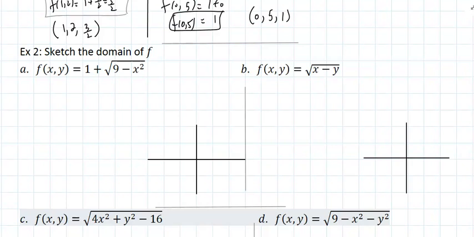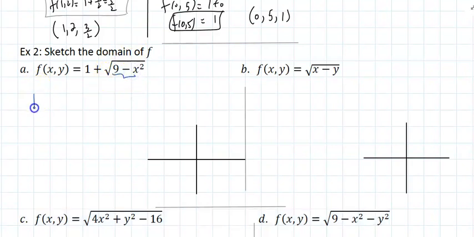And the domain applies like traditionally. If I see an even index radical, the radicand, the quantity underneath the radical, must be bigger than or equal to 0. If I see a fraction, the denominator cannot be 0. And if I see a log, the argument of the log must be strictly bigger than 0. In this case, when I glance at this, I notice that's an even index radical.